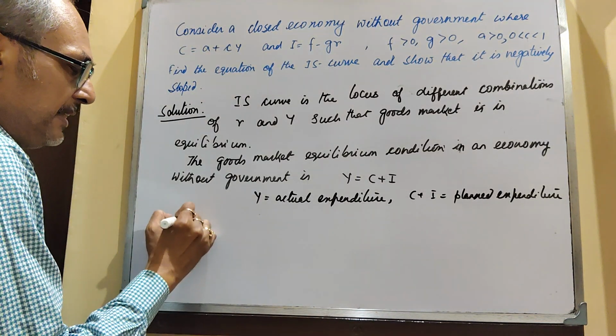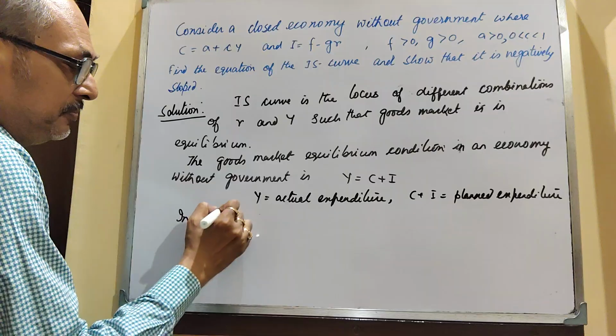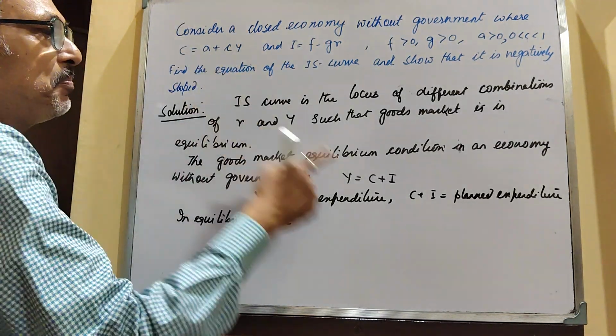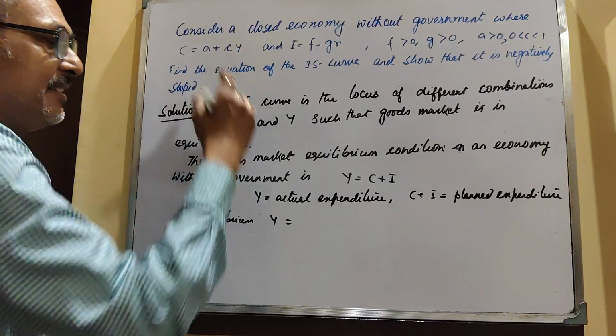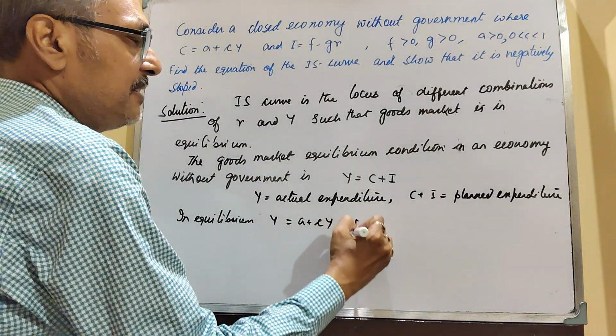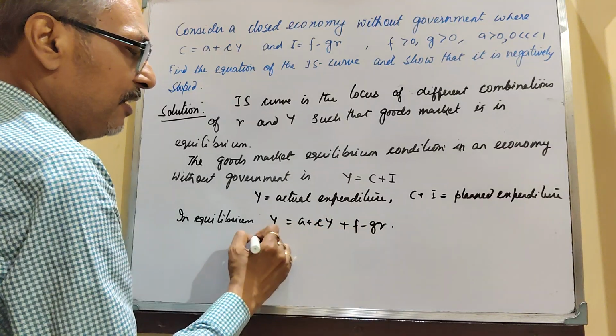Now, in equilibrium, Y equals, in place of C and I, A plus small c Y plus F minus G r.